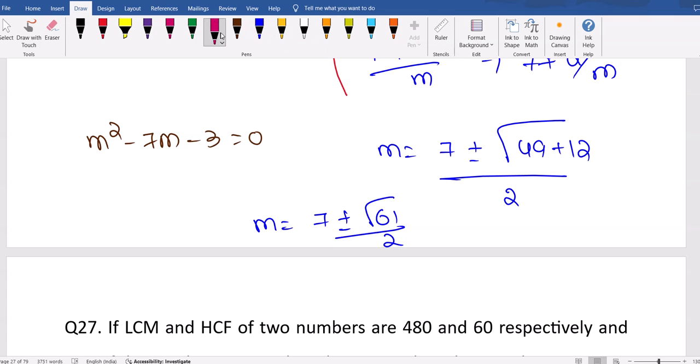And I recommend to go with minus root 61 only, because they mentioned in the question m is less than 1. If I take plus, 7 plus some positive value divided by 2 will give greater than 1. So among these plus or minus, we have to take minus. But this is not the m value, guys.